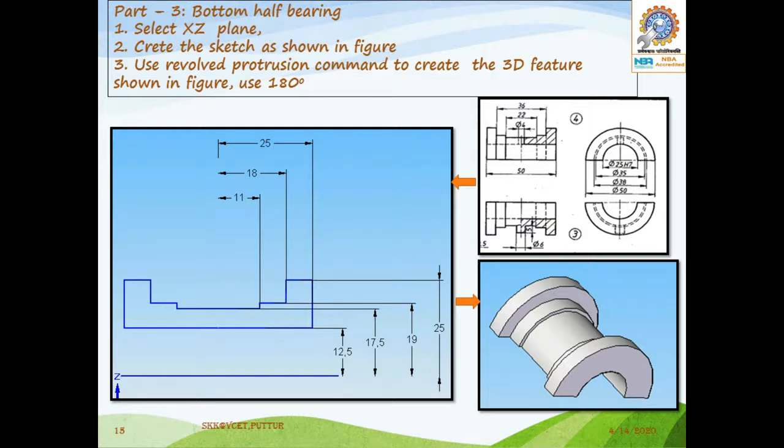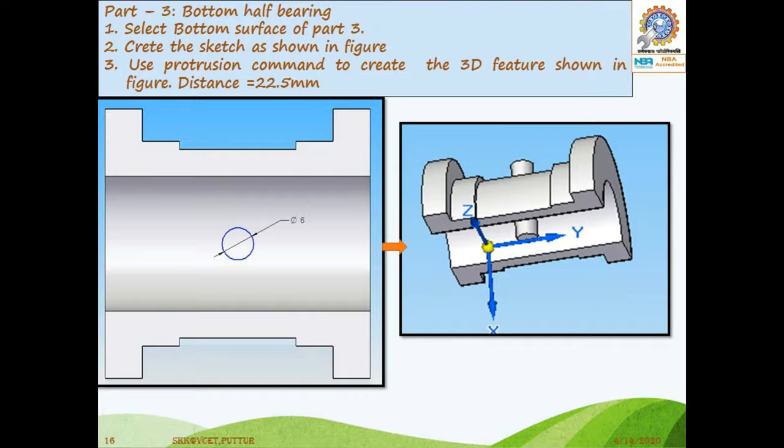Then go to the revolve protrusion command. In that, give a revolve of about 180 degrees. Next step in the same part 3: here you have to draw one extra projection.